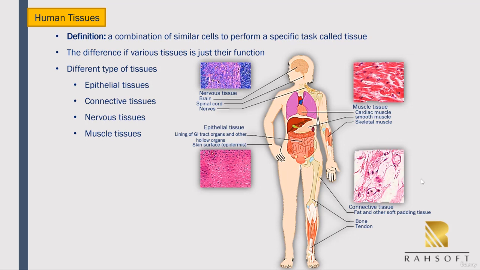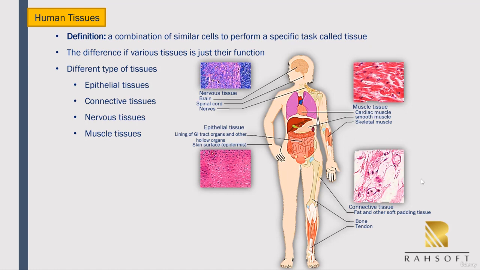You will have a lot of different cells, and these cells will combine together to create different types of tissues. And these tissues serve specific purposes. So you can have mainly 4 main types of tissues. You'll have epithelial tissues, which help create the lining of GI tract organs and other hollow organs, as well as your skin surface.